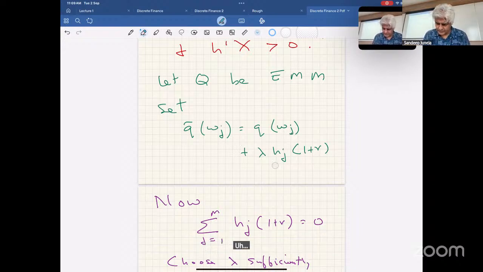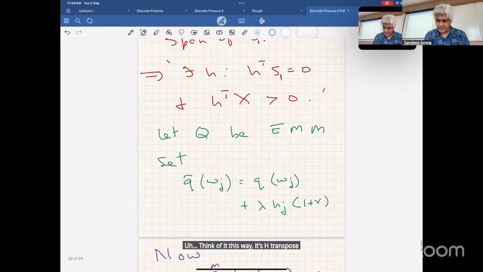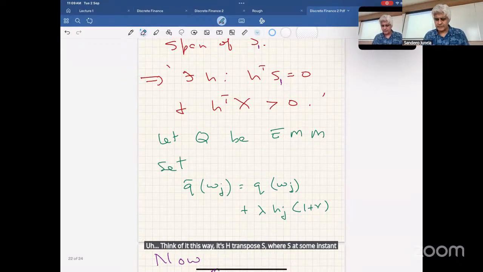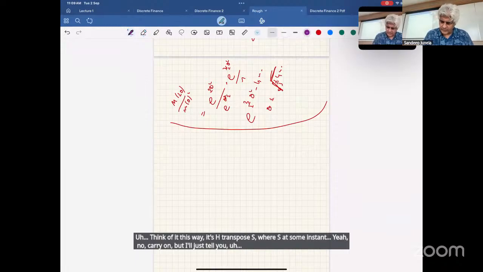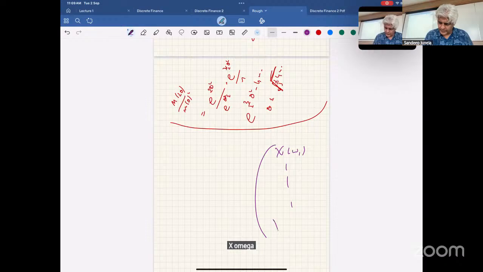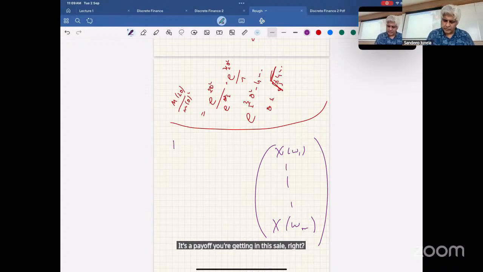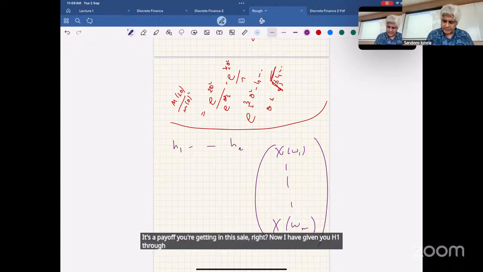Think of it this way: it's H transpose S at some instant, where X is X omega 1 through X omega M, the payoff you're getting in each scenario. Now I've given you H1 through HM.